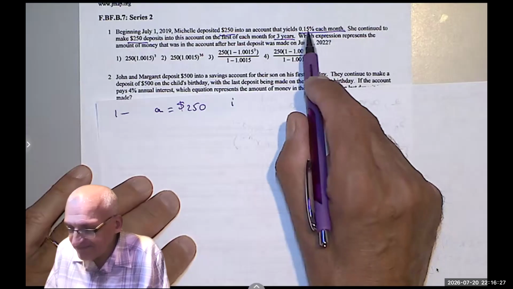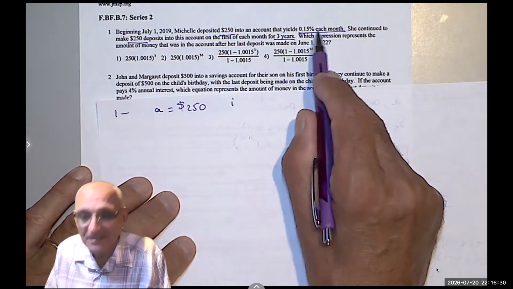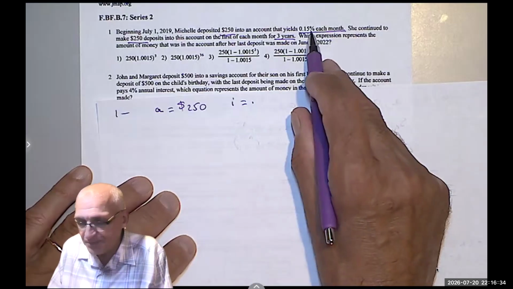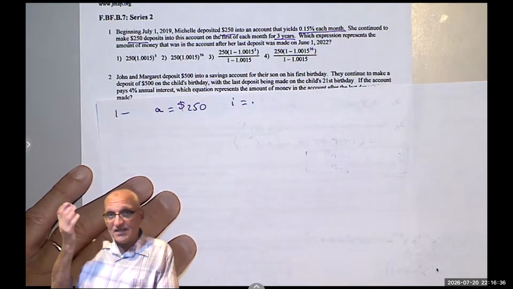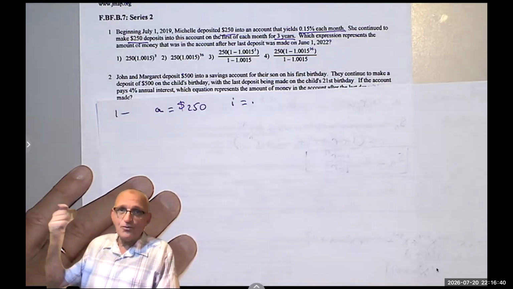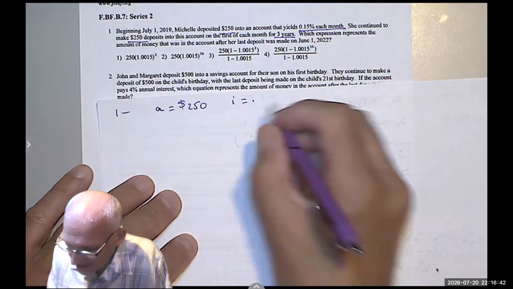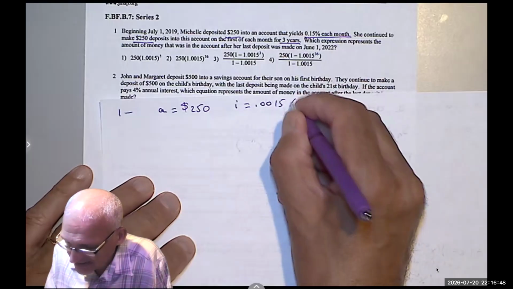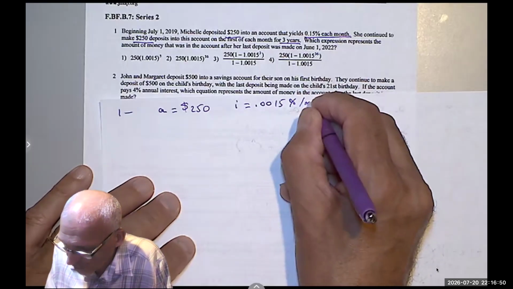First of all, it's 0.15%. So I equals point. And then because there is a percent, I take away the percent because the percent is like you multiplied by 100. So if I take it away, I have to divide by 100. So it becomes 0.0015. I add two zeros before whatever number I have. 0.15% per month. Why?